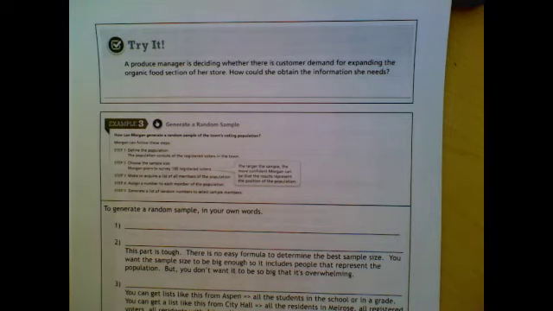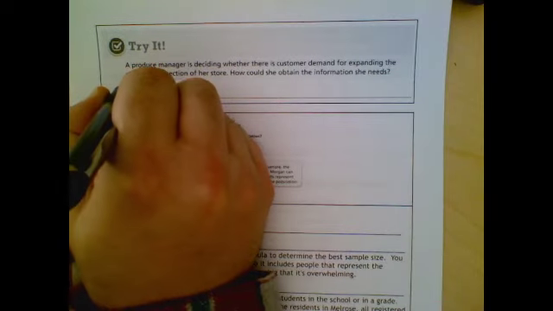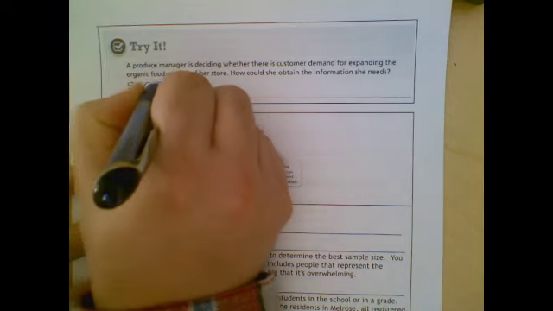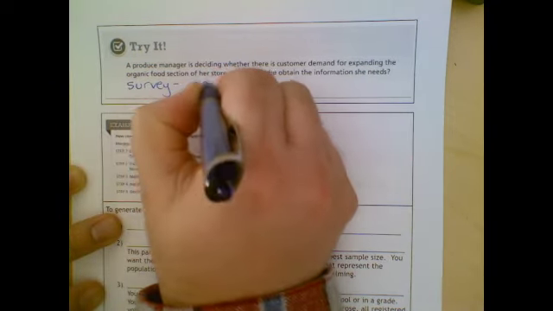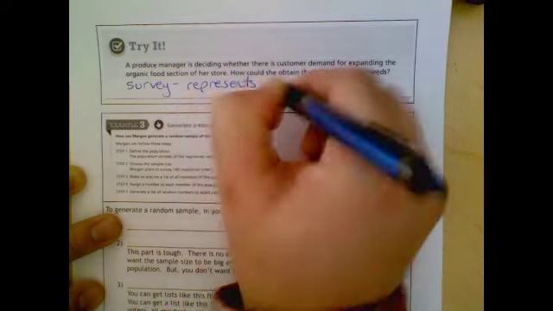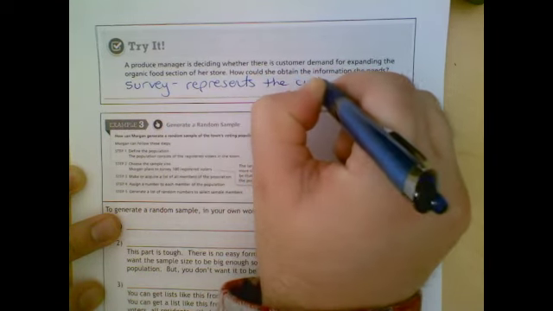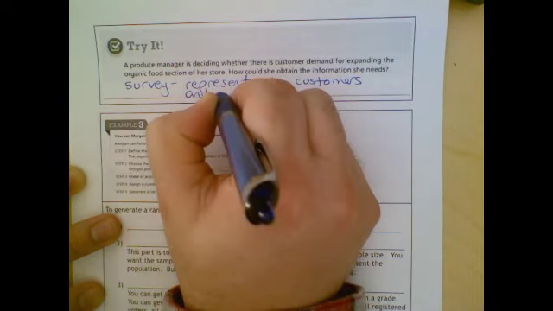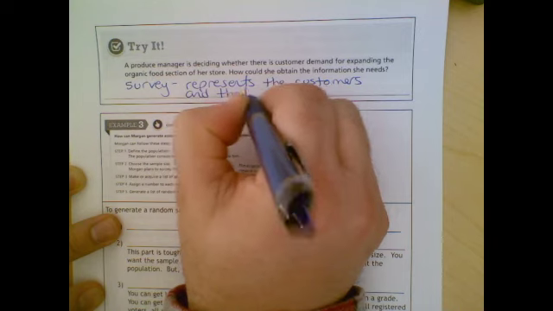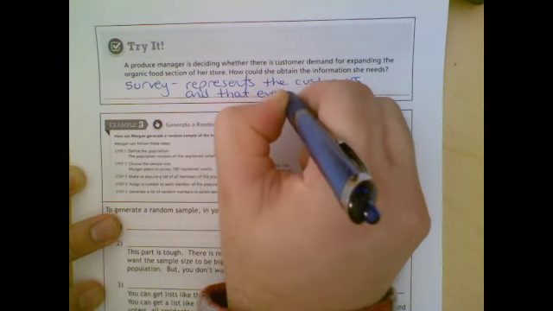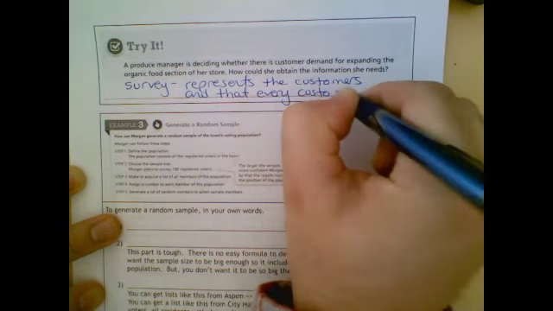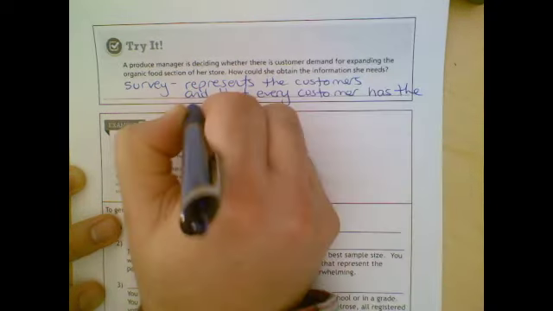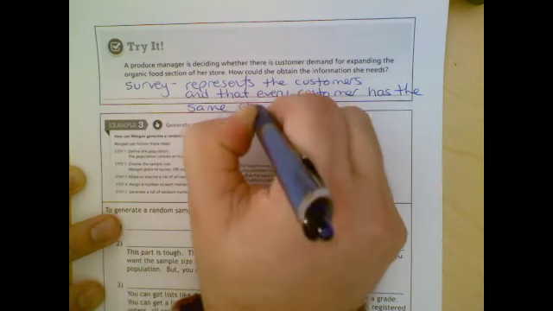And so in this case, she would want to create a survey that represents the customers that shop there, and make sure that every customer has the same chance of being asked.